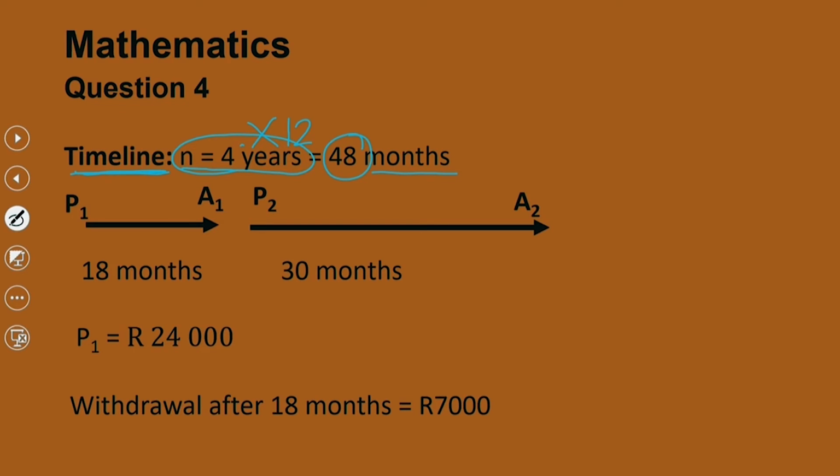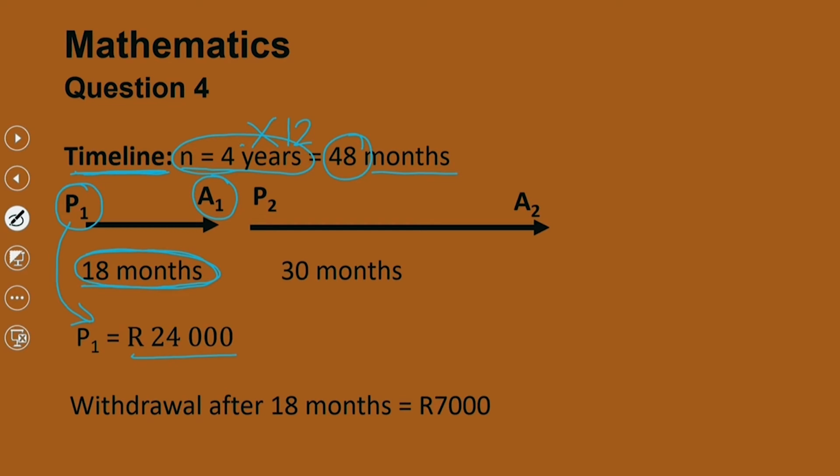Now, when you break up this 48 months, we start first at P1. That is where we start. It has been given to us as P1, our initial amount of 24,000. And they say after 18 months, what happened after 18 months? We are now going to get our final amount 1, which will be A1.